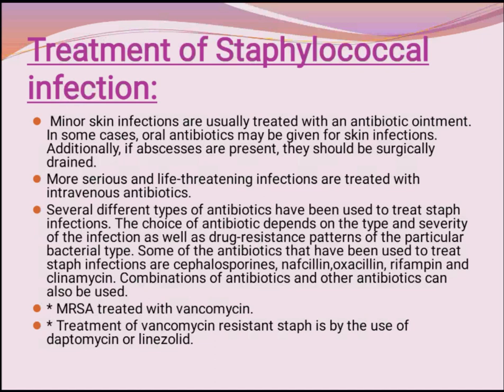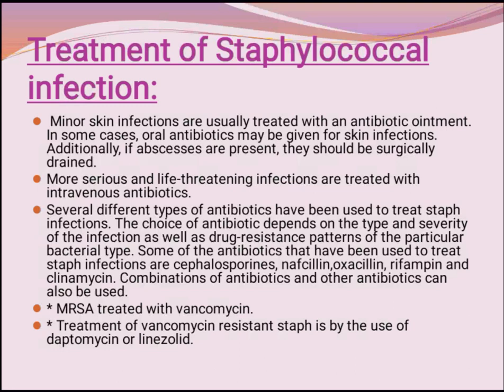More serious and life-threatening infections like endocarditis, bacteremia, and septicemia are treated with intravenous antibiotics. Several different types of antibiotics have been used to treat staphylococcal infections. The choice of antibiotic depends on the type and severity of the infection, as well as drug resistance patterns.